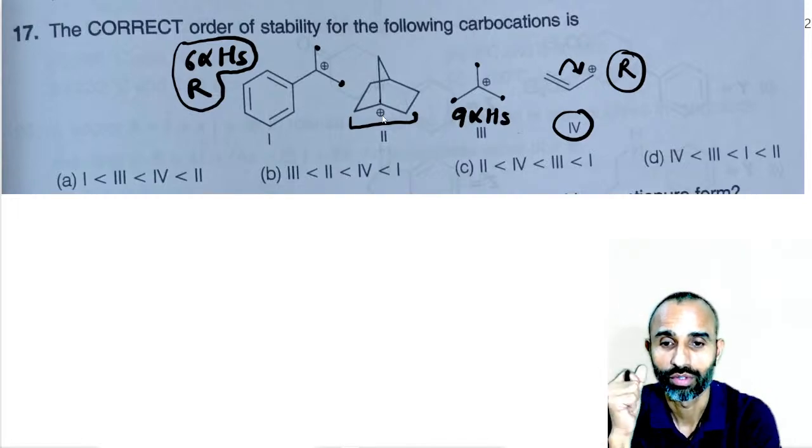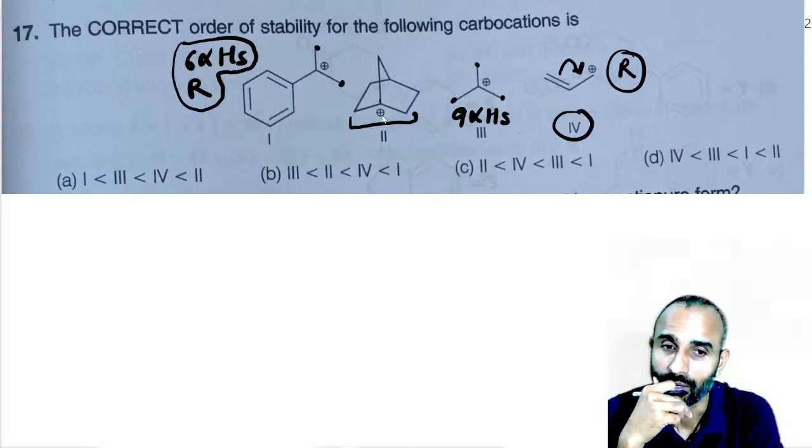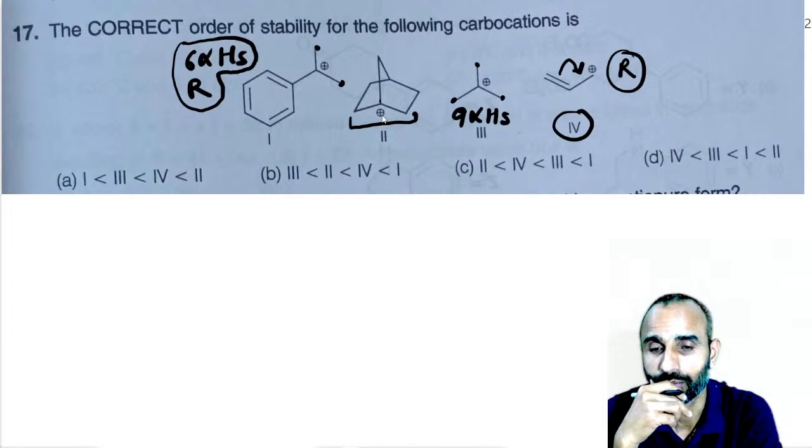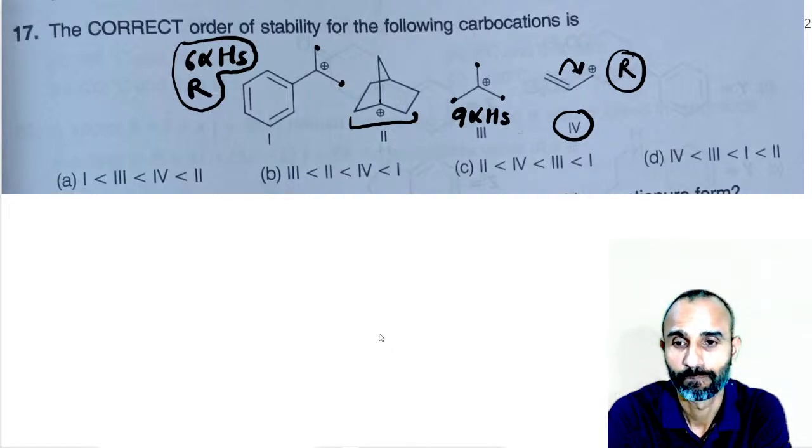But do we prioritize resonance or alpha hydrogens? Resonance is dominating over hyperconjugation. Then the first one should be more stable, right? You are right.